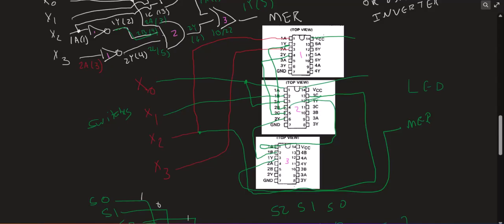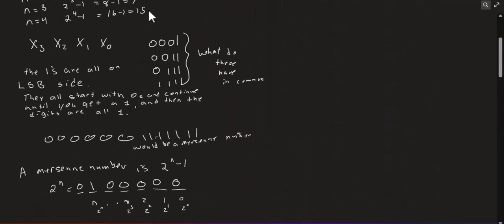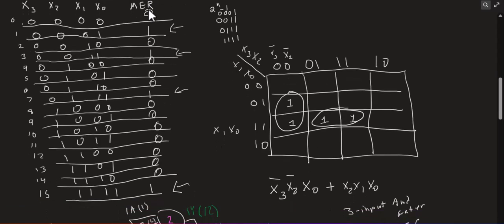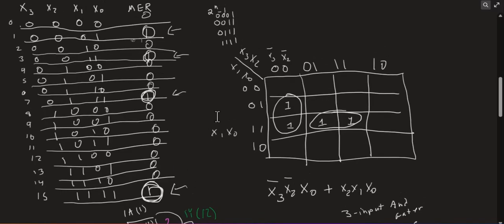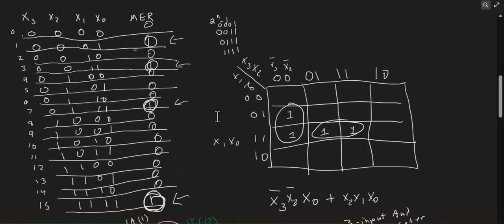Okay, all right. So let's take a look at our truth table. And let's take a look at where our 1s are. So our 1s are here, here, here, and here. And let's see if there's any trick that we can use that will let us use our multiplexer in a very efficient way to get the output that we want.